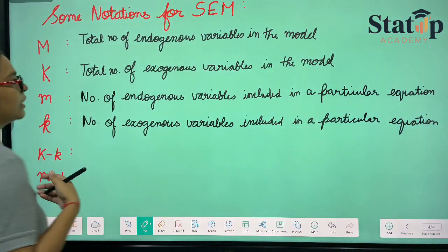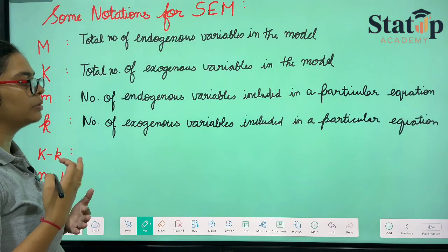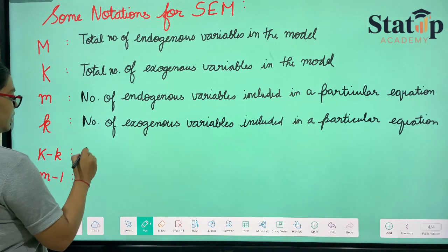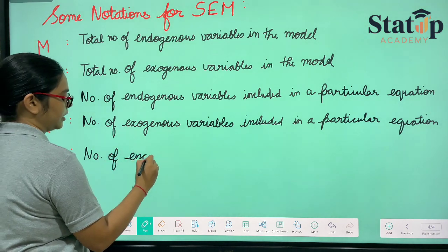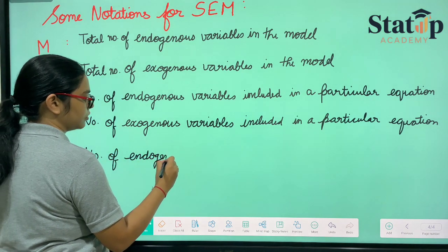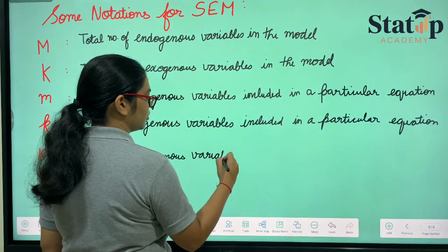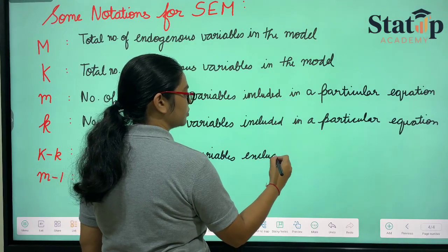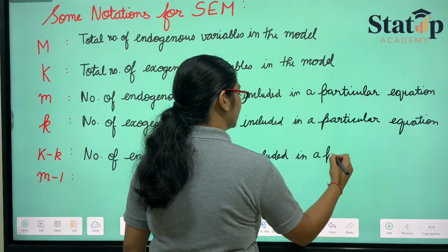Now, what is capital K minus small k? If we subtract included from the total, we will get excluded. So it will be the number of exogenous variables excluded in a particular equation.